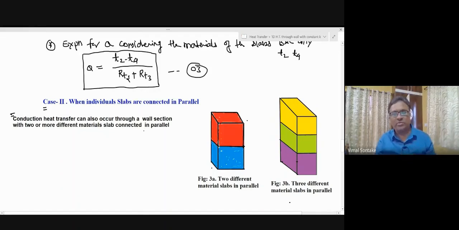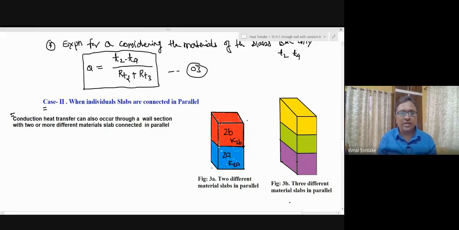What is the meaning of parallel connection? In figure 3.a, there is a single wall, but it is made up of, let's say, materials 2a and 2b having thermal conductivity K2a and K2b.